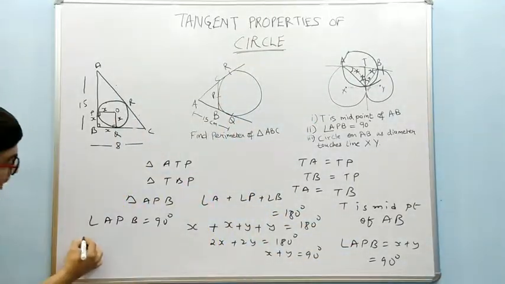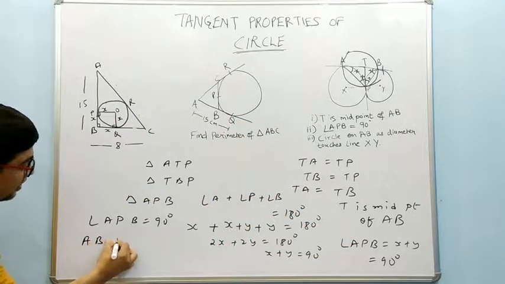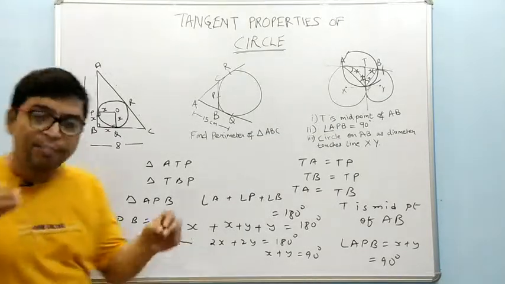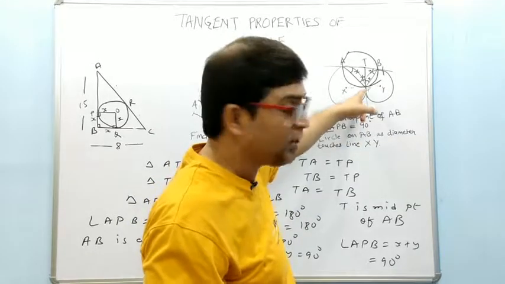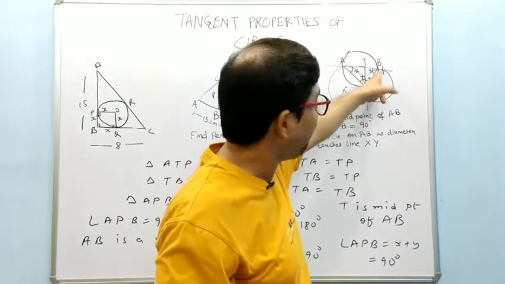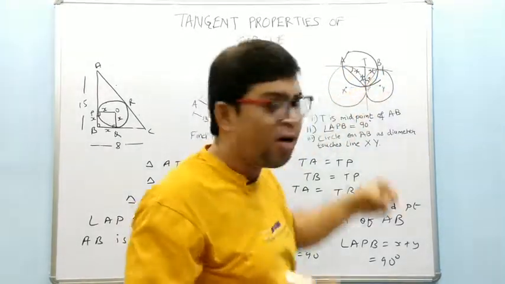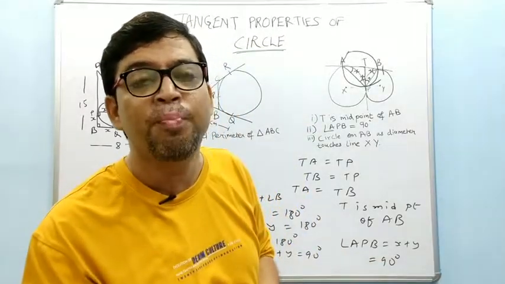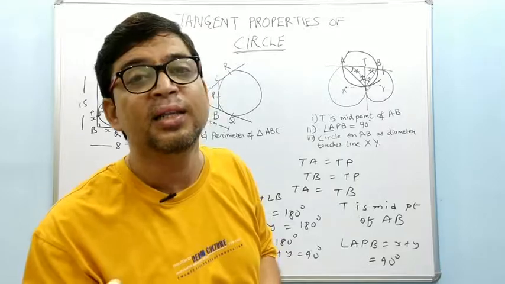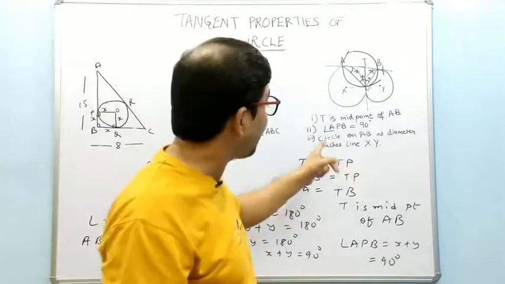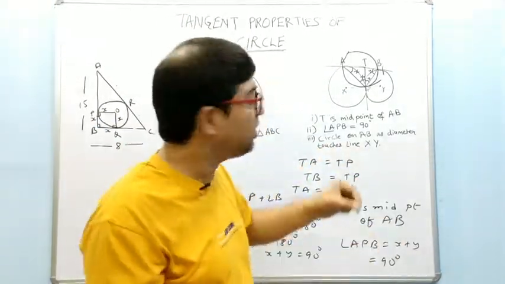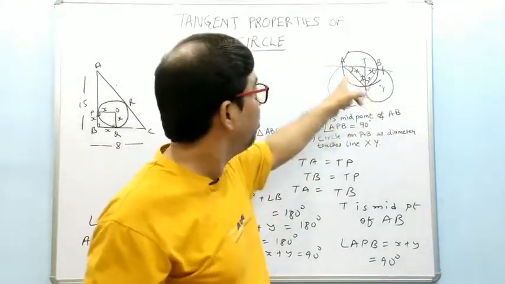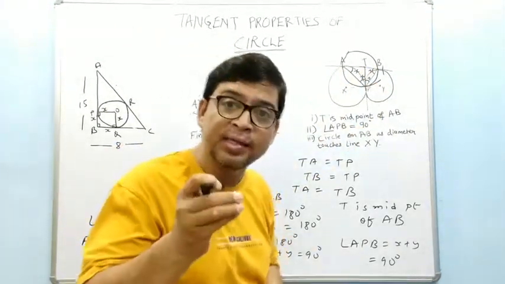That means AB is a diameter, and P is a point on the circle. That is why it is becoming the angle in a semicircle. Of course, a line passing through P is the tangent. So XY is touching the circle at point P, whose diameter is AB.